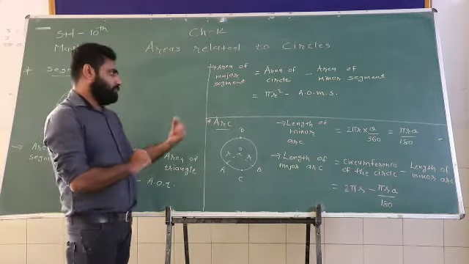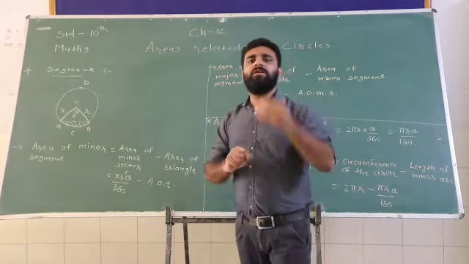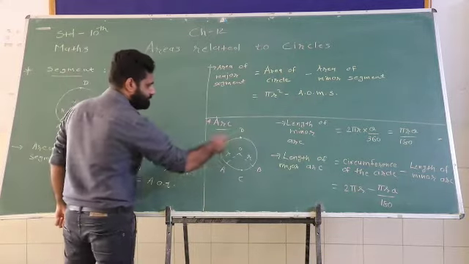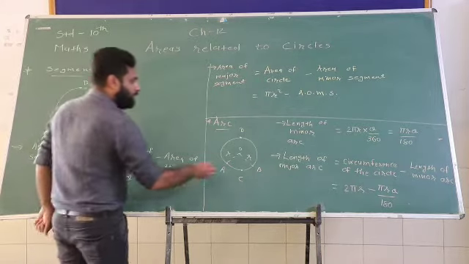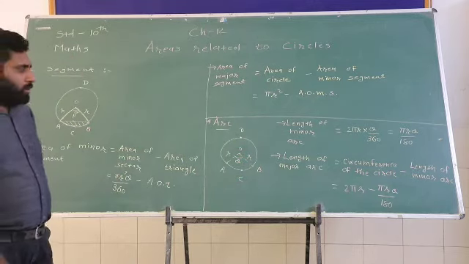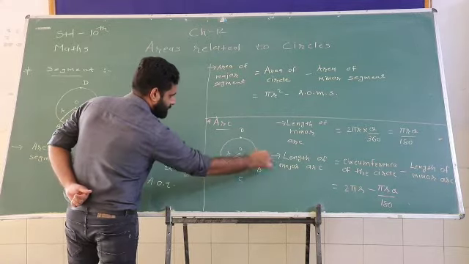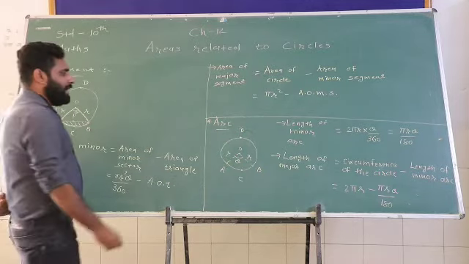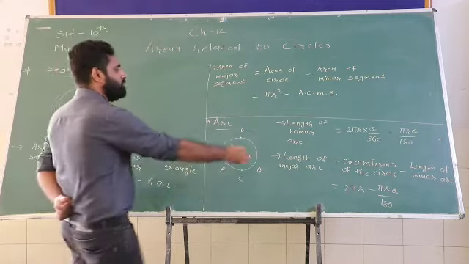Now the arc. We already know what an arc is, but we will see the length of the arc. So again the circle is there, having radius r. Again the angle is theta between 2 radii, suppose. As we know, that is the minor arc and that is the major arc. Now the length of this minor arc.